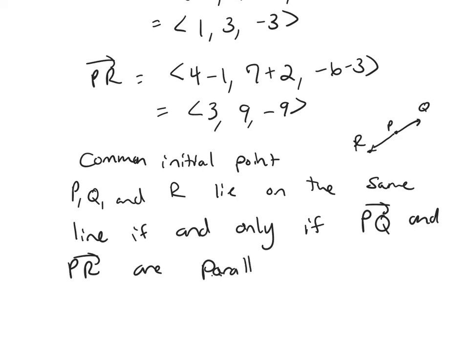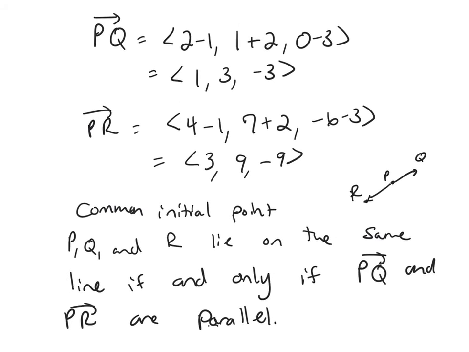So I need to find out, are these vectors parallel? So let's look at these vectors here. Are they parallel? Take a minute and look at them. Think about it. If I multiply the first vector by 3, I will get the second vector.